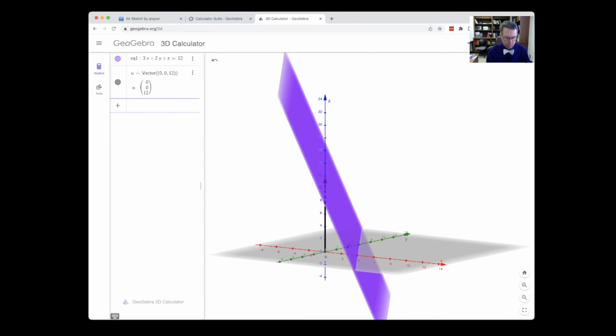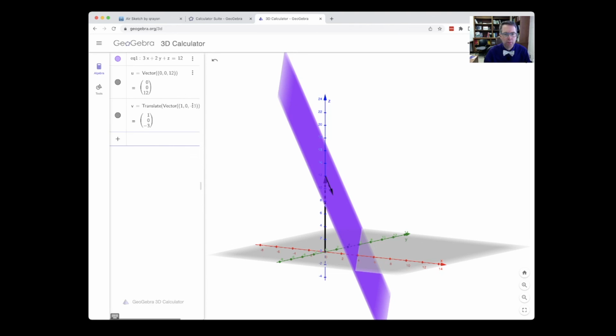By default, GeoGebra puts a vector with its tail anchored at 0, 0, 0. And so in order to push it up to be at that point we created at 0, 0, 12, I'm going to translate my vector so that it's anchored at that point. So here we're going to translate the vector, and our first direction vector was 1, 0, negative 3, and we're going to anchor that to the point 0, 0, 12.